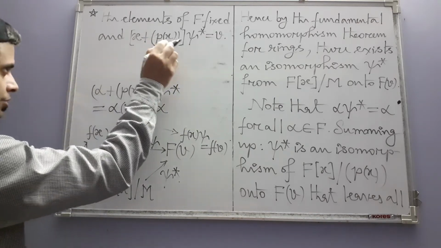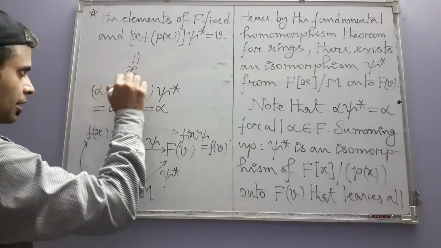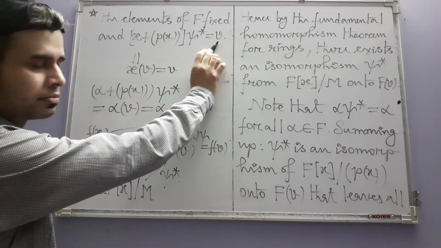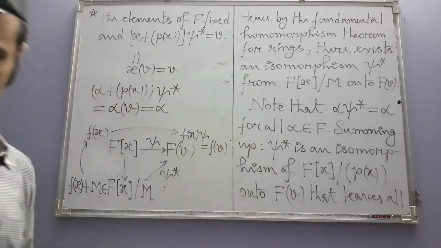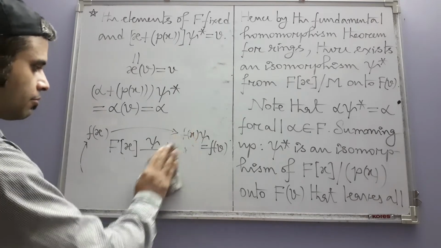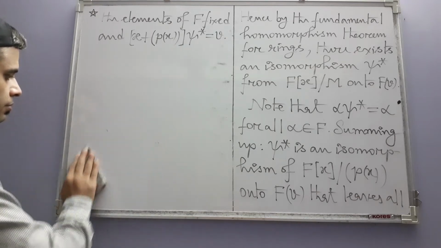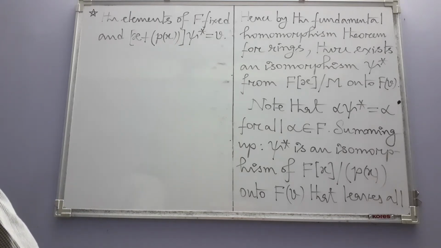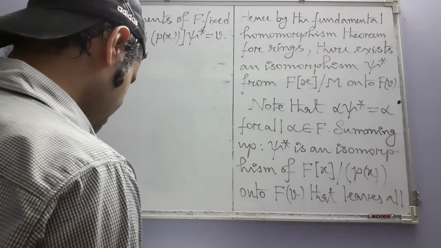By the definition of psi star, this thing will be equal to the evaluation of the polynomial x at V, which is V itself, and that is why we have V. Okay, so now it's clear how we are getting these extra properties of psi star, and now we don't need the diagram. So we have got this psi star.